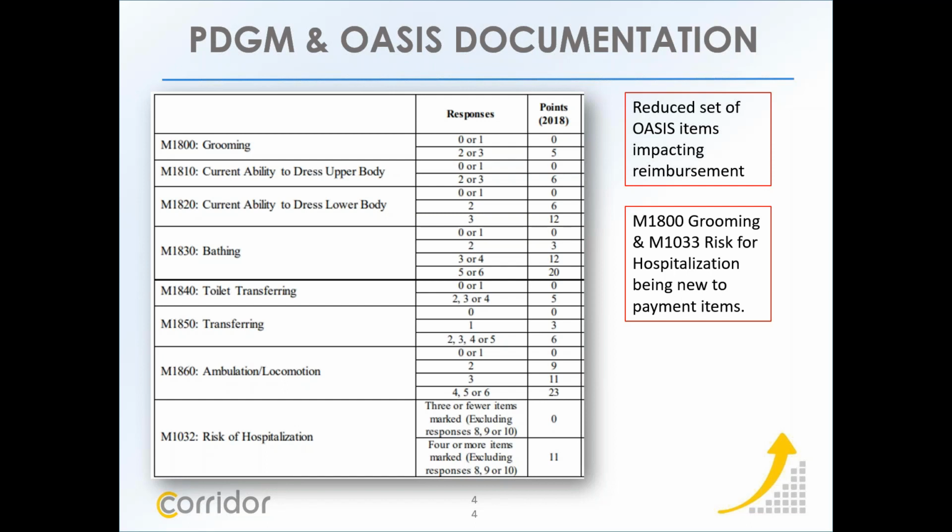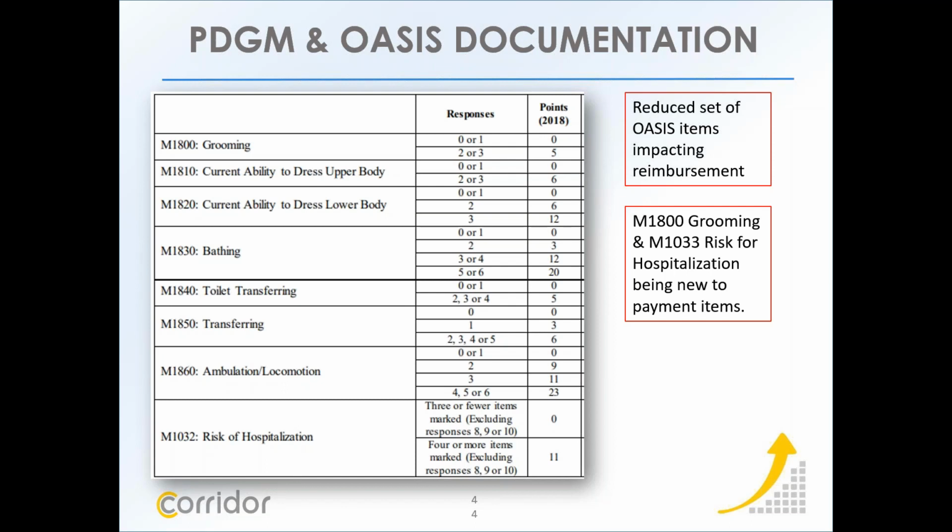However, even though they're not going to be impacting our payment, things like pain and dyspnea are still going to be really important because of our 5-star and those of you who are participating in the value-based purchasing. So we can't take our attention off of continuing to review and educate our clinicians in those areas.